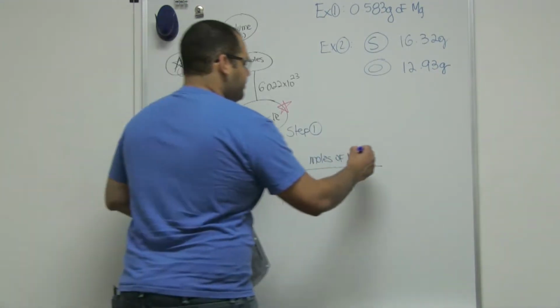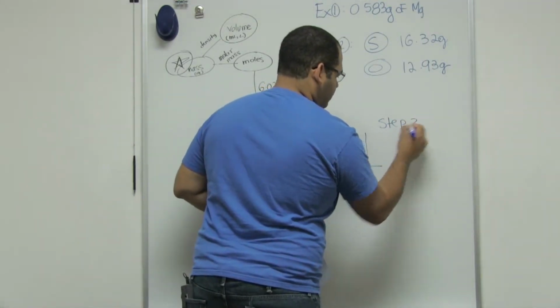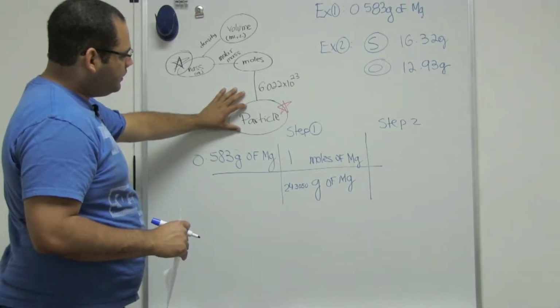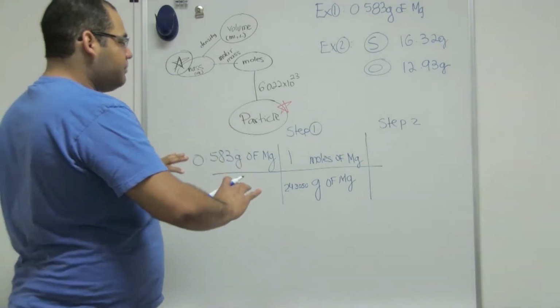The next step, I will call step number 2, is to figure out how many particles or how many atoms. And we have a relationship.